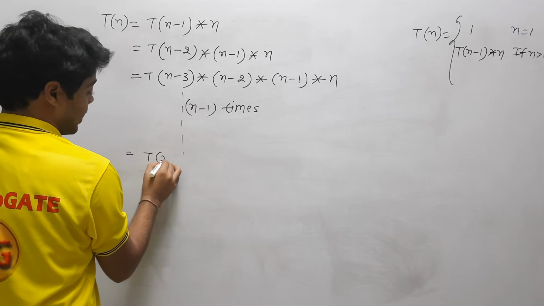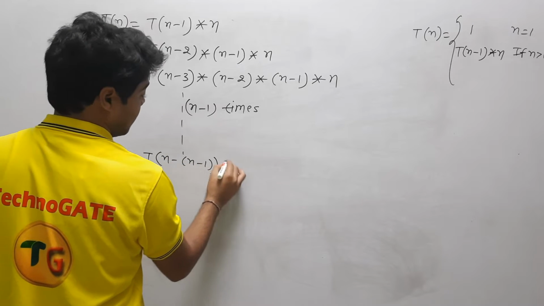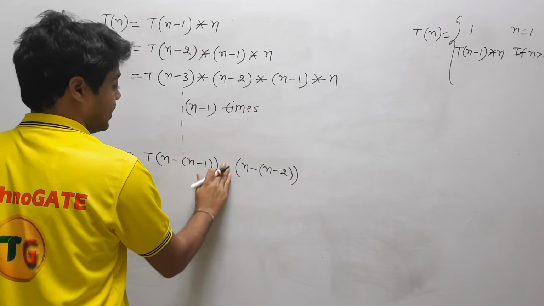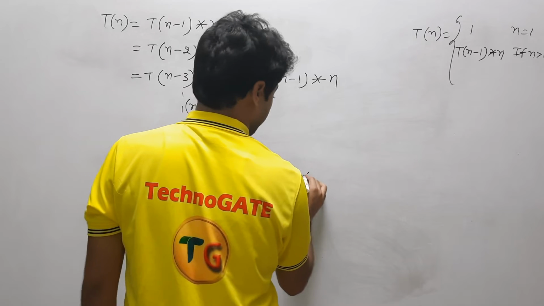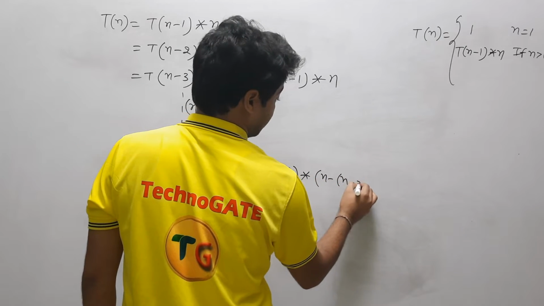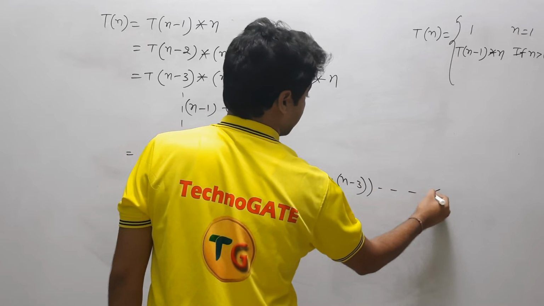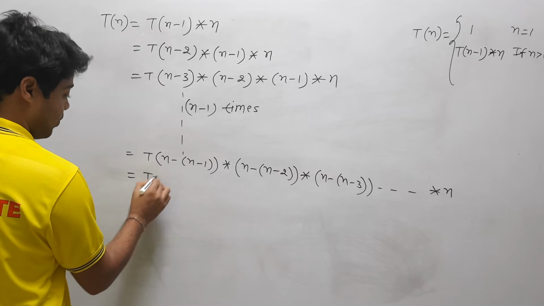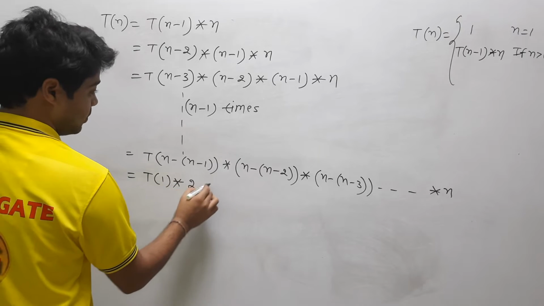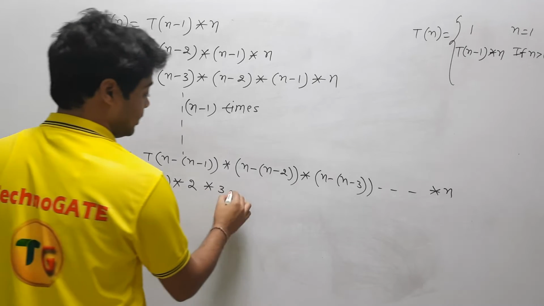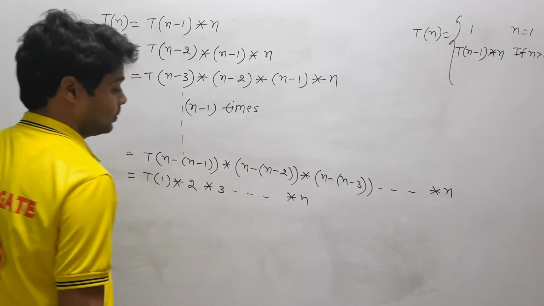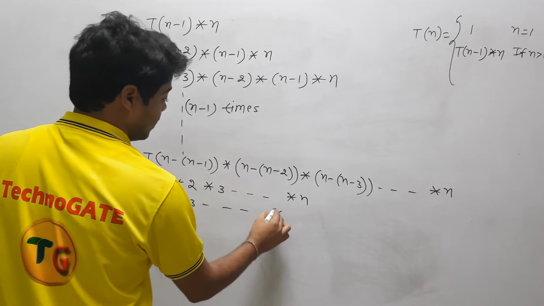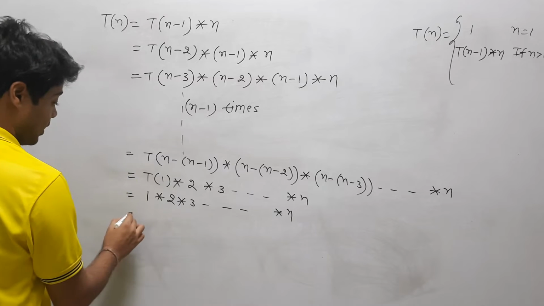Then it becomes T of 1 into 2 into 3 up to n, multiplication here.